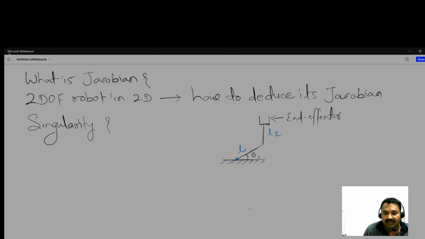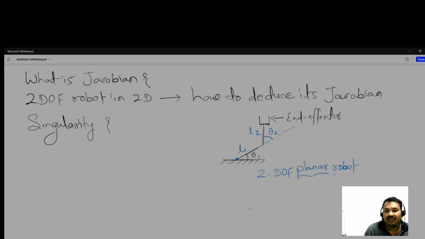Here this is joint theta 1, and suppose you extend the axis of link 1, then this angle is theta 2. Okay, so it is a 2 degree of freedom planar robot.